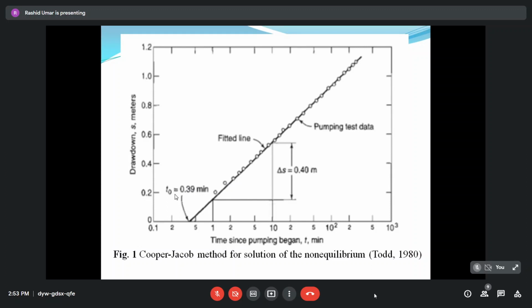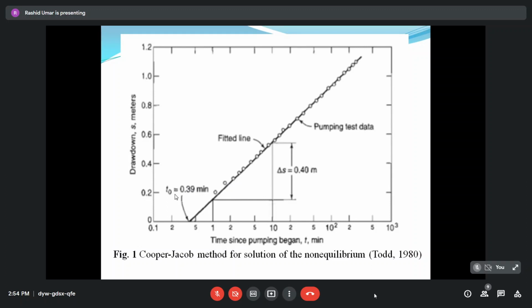Because the initial readings of the pumping test also reflect the losses associated with that particular well. Those losses are called formation loss and well loss.